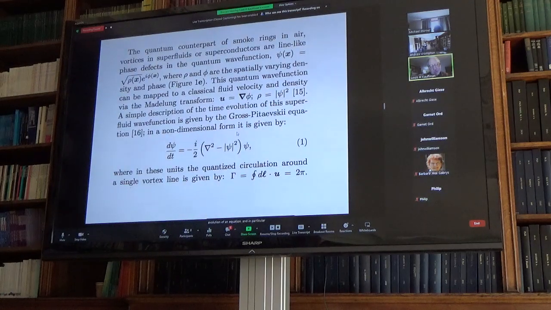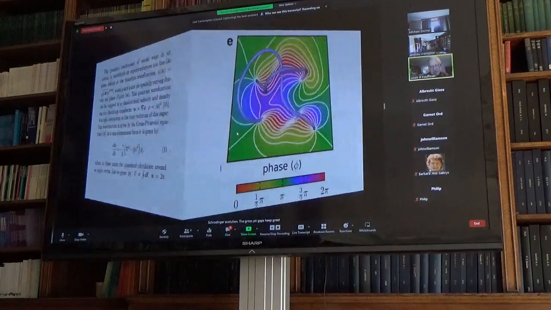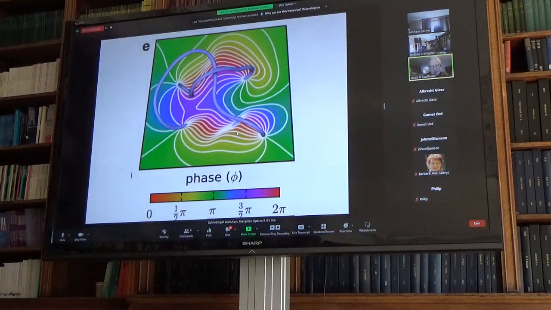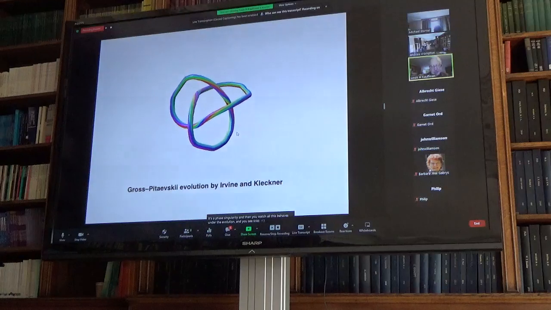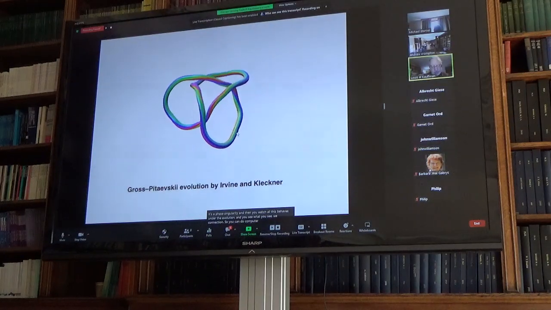In particular, what you do in this kind of modeling is you use a nonlinear Schrodinger equation, and the line vortex is a line of phase defects in the wave function for this nonlinear Schrodinger evolution, the Gross-Pitaevskii equation. So it's like this. The phase along the knotted curve is utterly ill-defined. It's a phase singularity. And then you watch how this behaves under the evolution, and you see reconnection. So you can do computer studies like this.